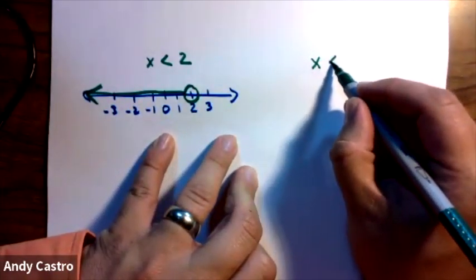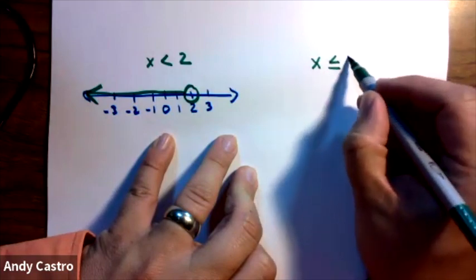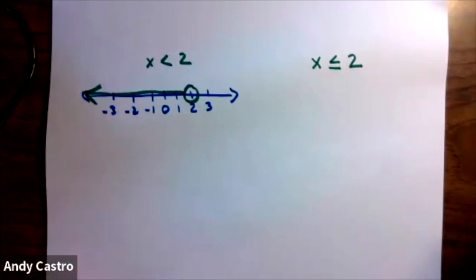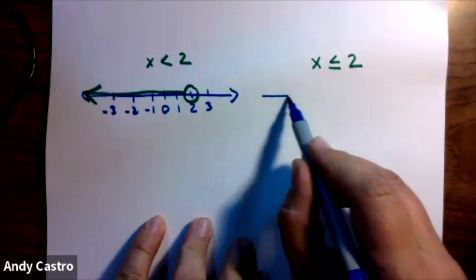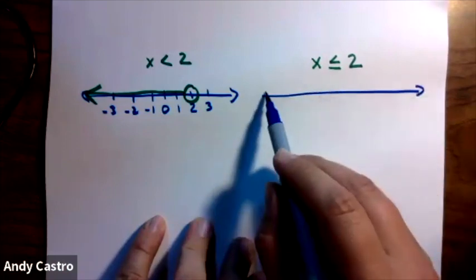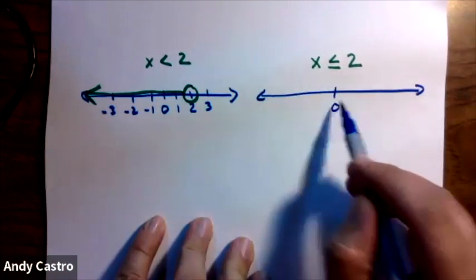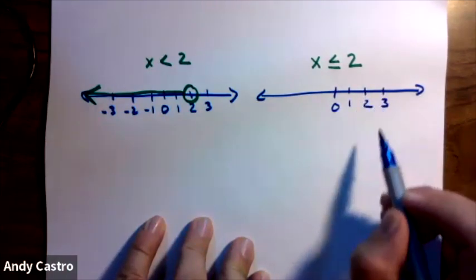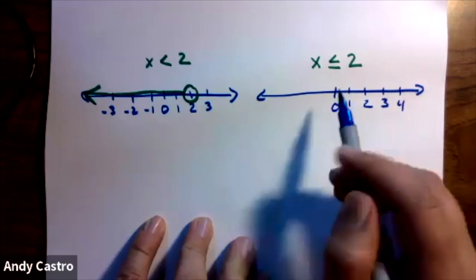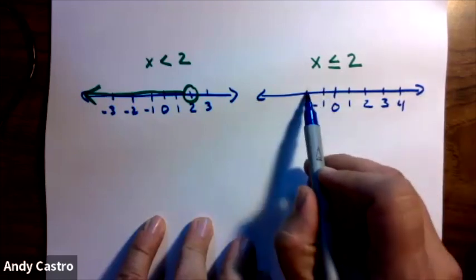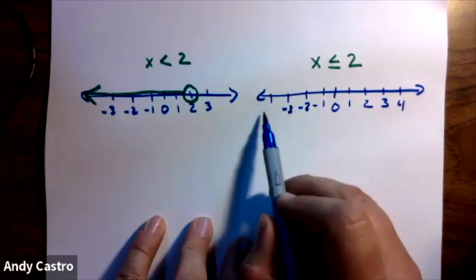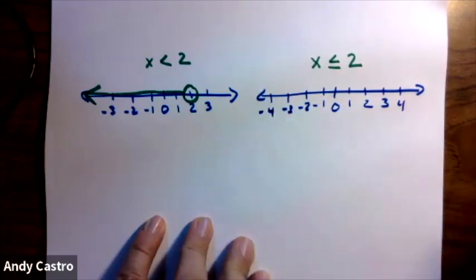x is less than or equal to 2. So if we have a graph, same numbers, 1, 2, 3, 4, -1, -2, -3, -4.